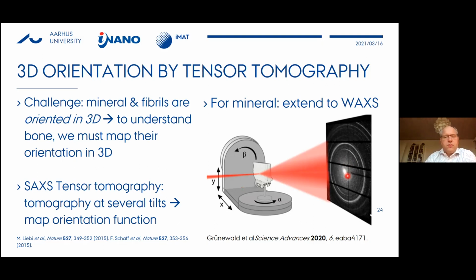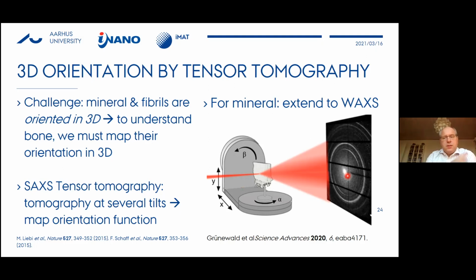Formally, it's the orientation of the nanoscale structures within bone, but it translates more or less to the collagen fibrils. And so if we now do this tomographic reconstruction and view the sample from several tilt angles, so we tilt the specimen, rotate, and raster scan it, then you can build up a SAXS tensor tomography data set, which was proposed by Marianne Liebi and other people about 5 years ago.